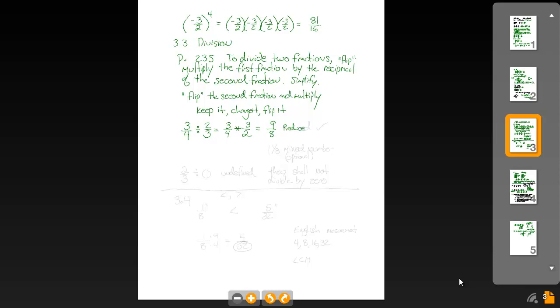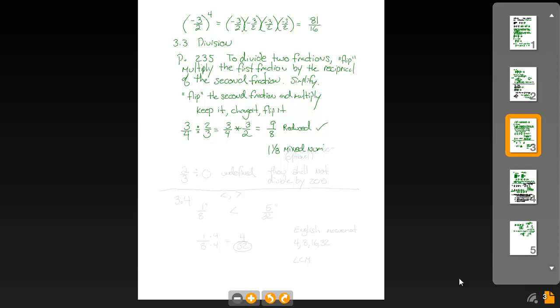But you want to do something, and it's a good thing to do if you know how to do it. You want to change it to an improper fraction, and what would you say it is as a mixed number? It is improper, I know. It's 1 1/8. That's different than reduced.